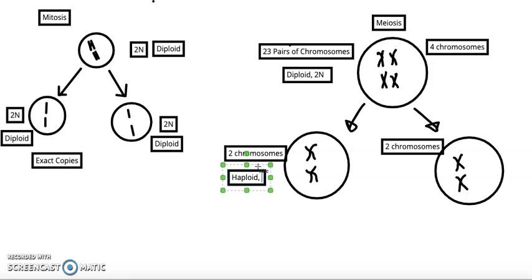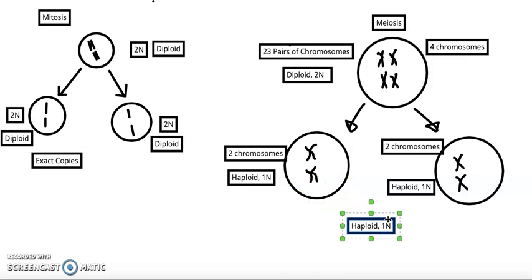Haploid, half, or 1n. Right? Okay. So that's only after meiosis 1. Right? That's what's happening right there.